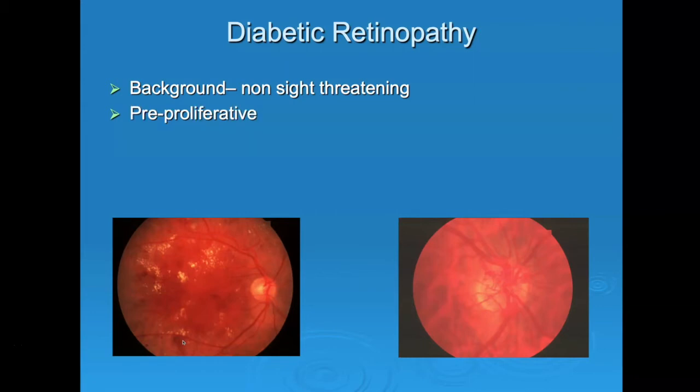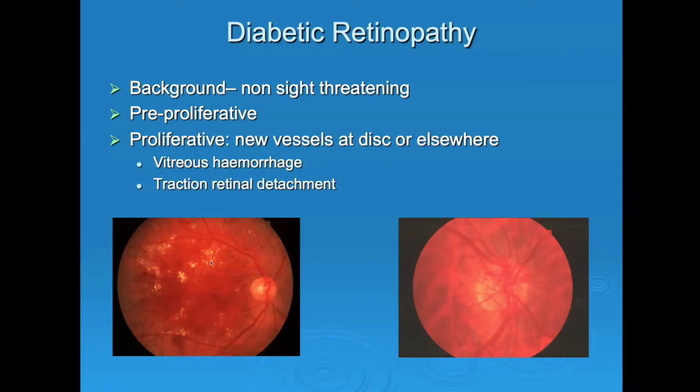Pre-proliferative diabetic retinopathy just represents a lot more of these signs, but it still has very few symptoms of visual impairment. But then comes the devastating and sight-threatening problem of proliferative diabetic retinopathy.